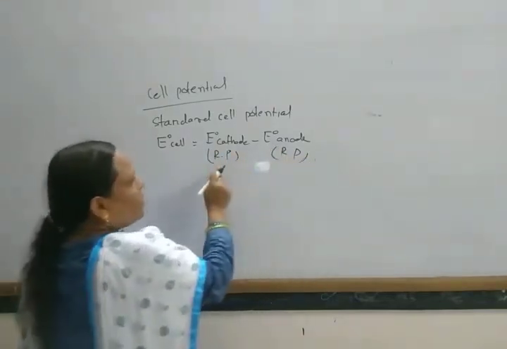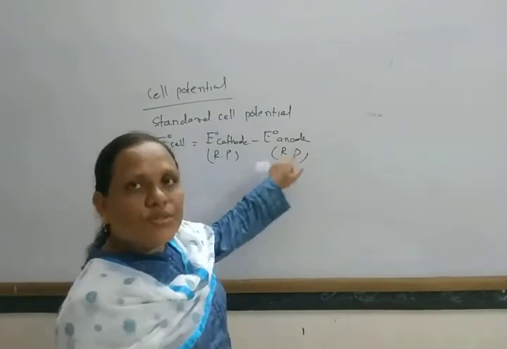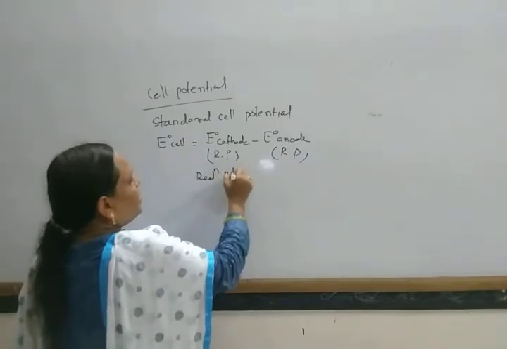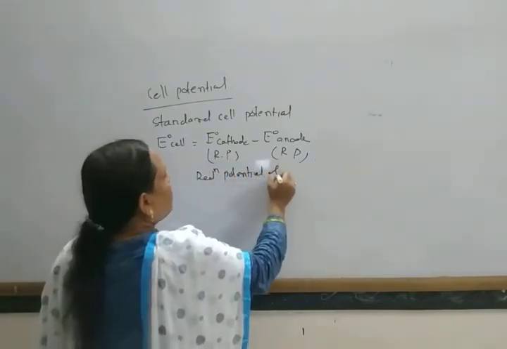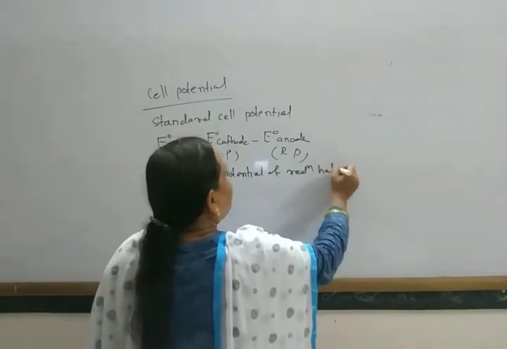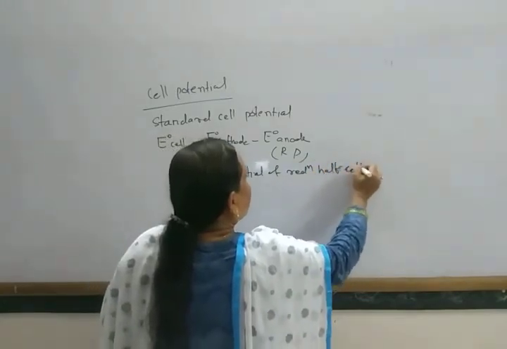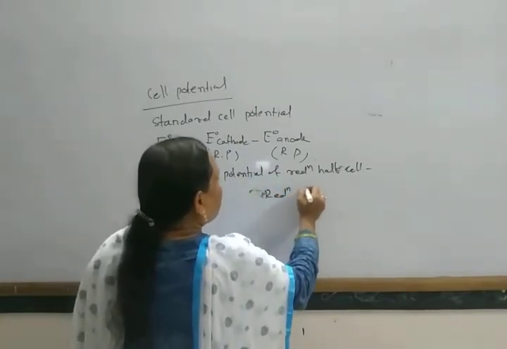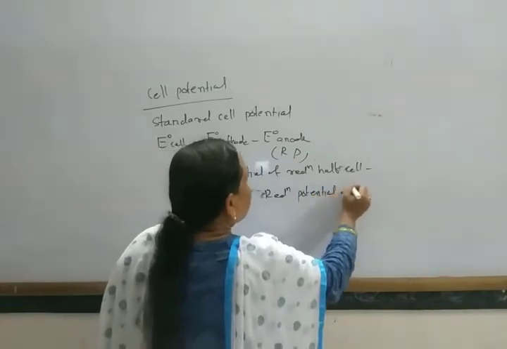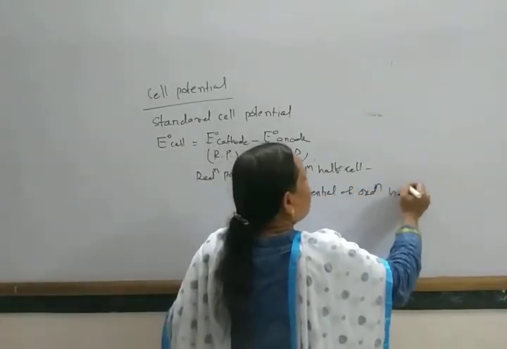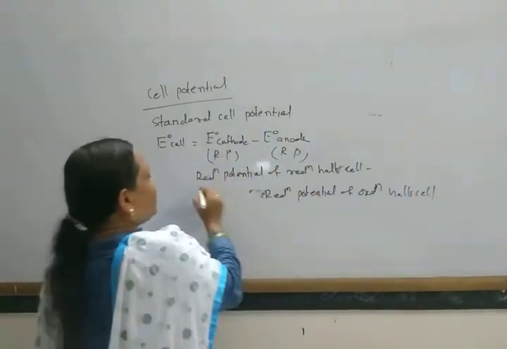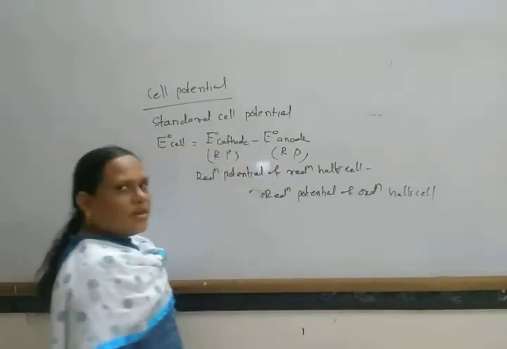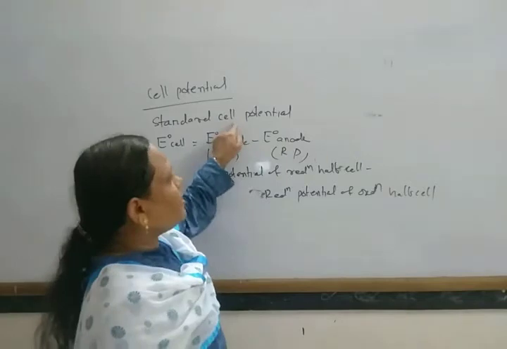That is, reduction potential of the reduction half cell minus reduction potential of the oxidation half cell. So this is your standard cell potential.